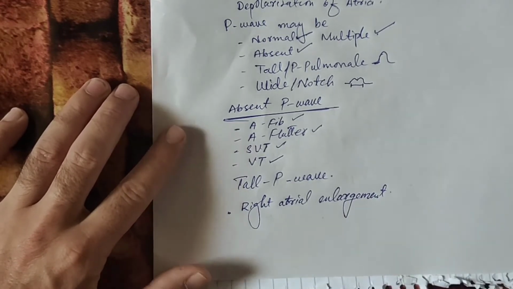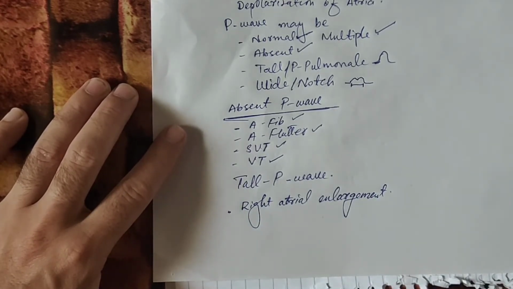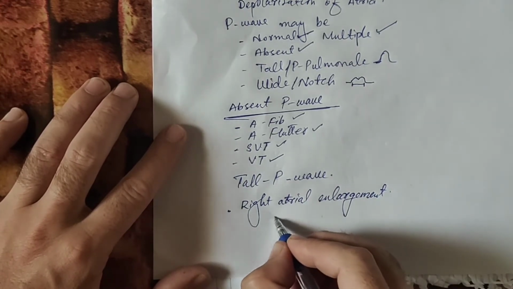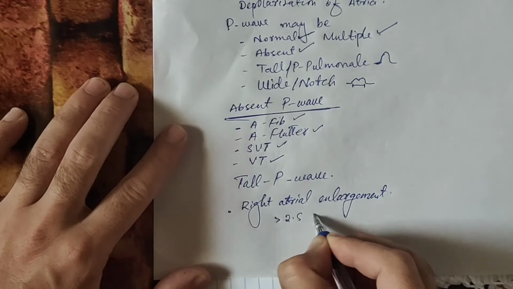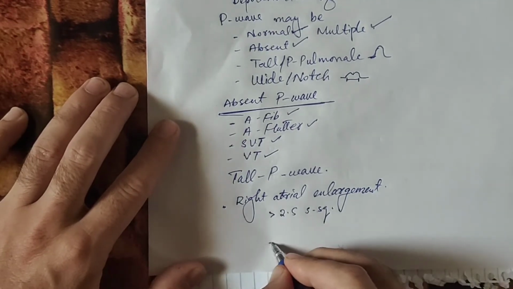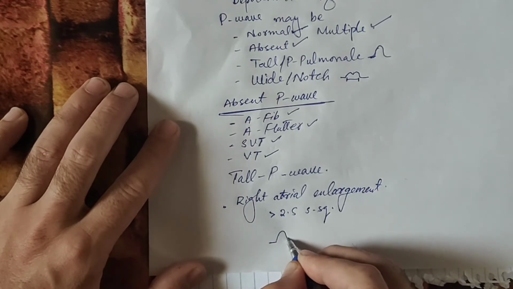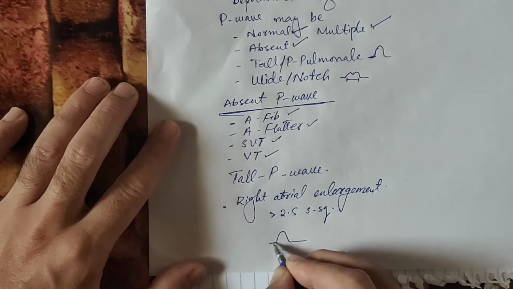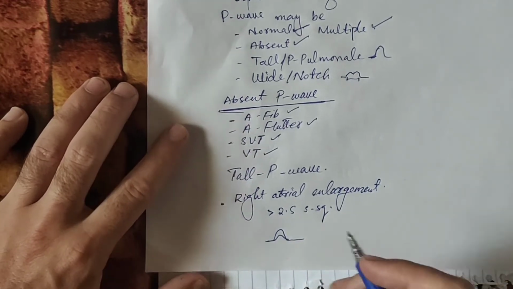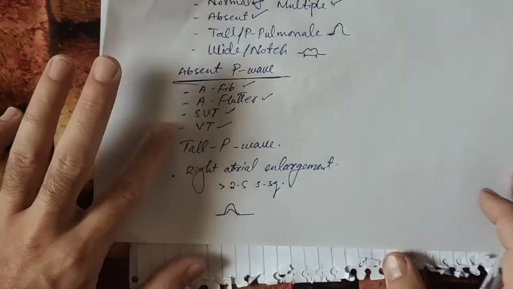When there is right atrial enlargement, the height of the P-wave is more than 2.5 small squares, just like that, while normal is up to this level.